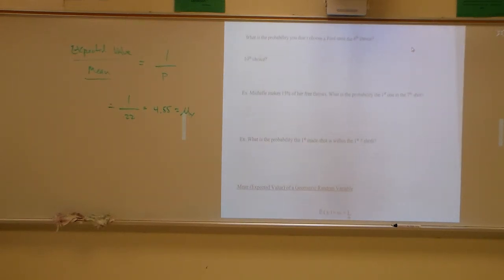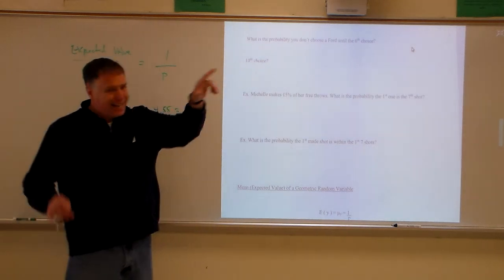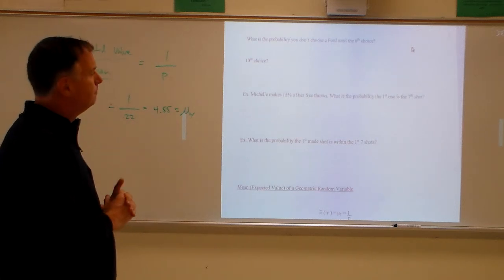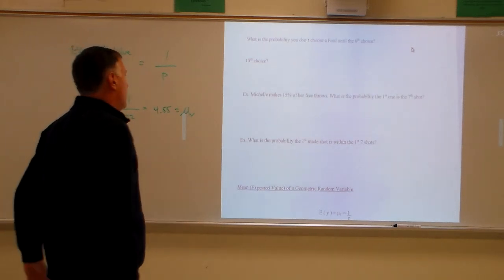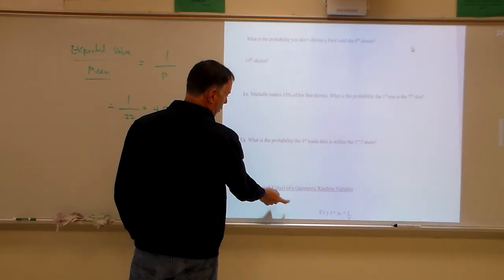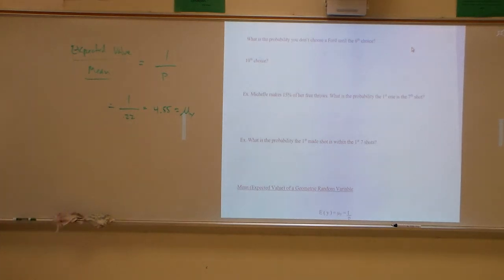What is the probability? Try this one. What is the probability you don't choose a Ford until the 6th choice? Until the 10th choice. So this is not more than or anything. We're going to do these out, and then we'll go over how to do it with the formula. I'll do both. See what you do.